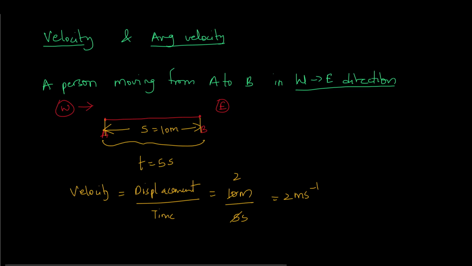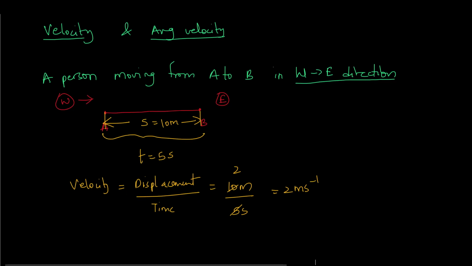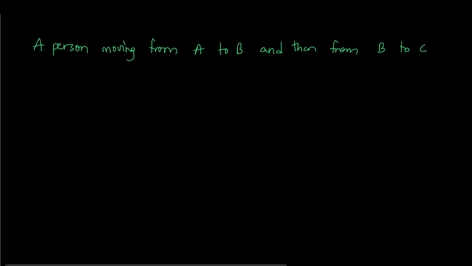Now what did I say? If there are only two positions, where it has to move from A to B, then I consider it as velocity. If there are more than two, then I consider it as average velocity. So now we'll see a numerical on average velocity. A person moving from position A to position B and then from position B to position C in north to south direction.